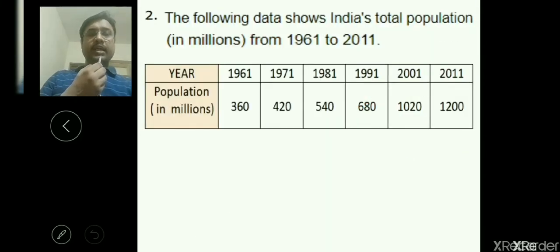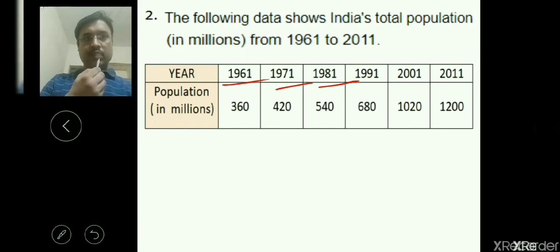Now the second question: the following data shows India's population in millions, where 1 million means 10 lakh, from 1961 to 2011. The years are given on the upper row: 1961, 1971, 1981, and in the second row the population in millions: 360 million, 420 million, 540 million.